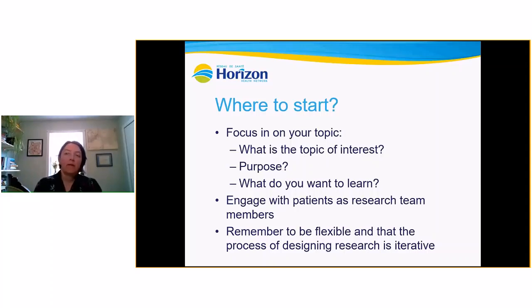And therefore, you shouldn't be afraid to tweak things as you go along. That doesn't mean necessarily changing your whole topic, which, if you've already gotten REB approval, would mean resubmitting to HRPP. But I think being flexible, especially when you're starting to put ideas together about what your topic is, and then what methods are best going to answer your questions.